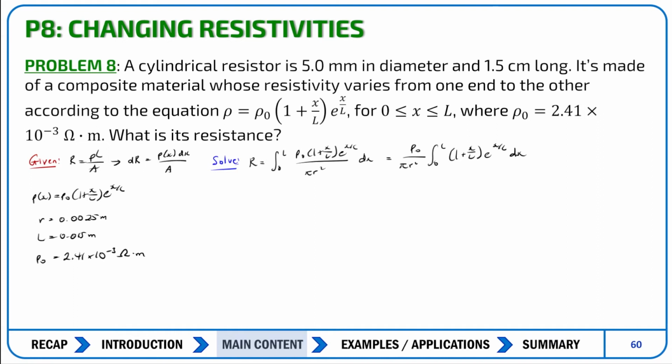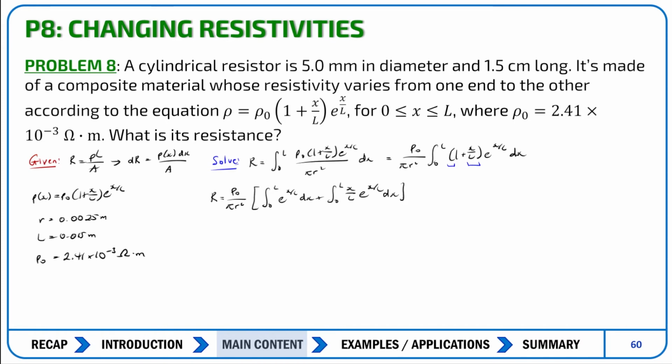Now, how can we make this easier to solve? We can split this up into two integrals. So we have R equal to rho naught over pi r squared, times the integral from 0 to L of e to the x over L dx, plus the integral from 0 to L of x over L e to the x over L dx.